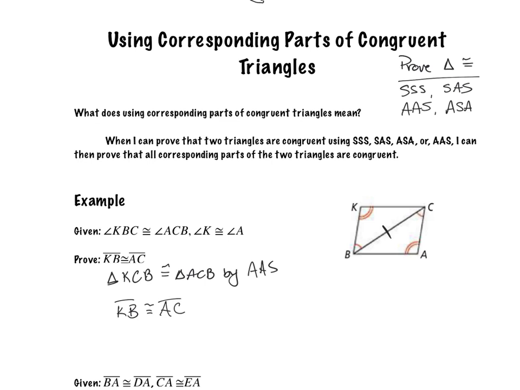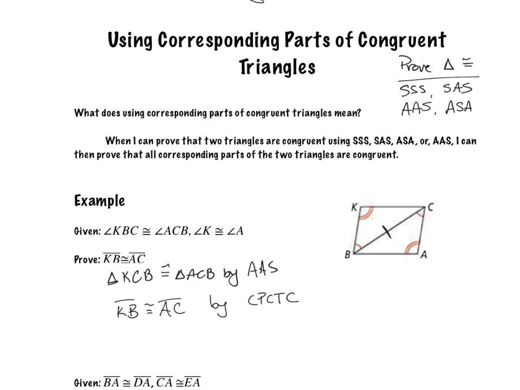Dylan says yes. Anybody agree with him? Do KB and AC correspond? Are they in the same position? Yeah. And since I wanted to prove those, if I know the two triangles are congruent, I can say that these two are congruent because they're corresponding. So all you ever have to write for this is by corresponding parts of congruent triangles are congruent.